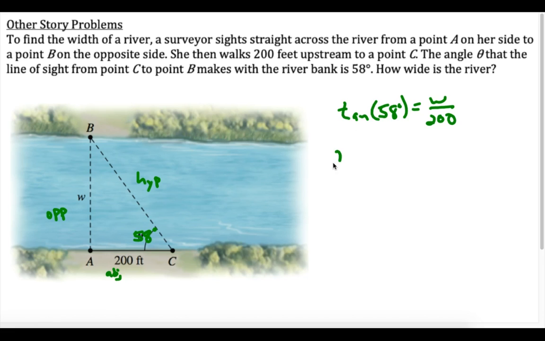Multiply the 200 over. And that we can put into the calculator. Right, when we do that, we should get 320.07 if we go to 2 decimal places.